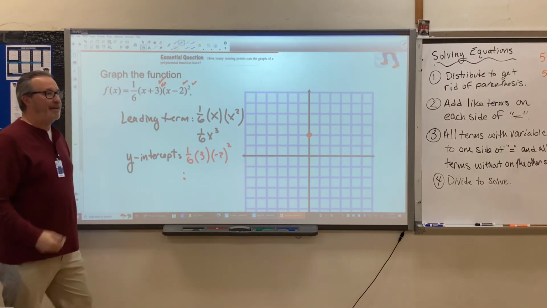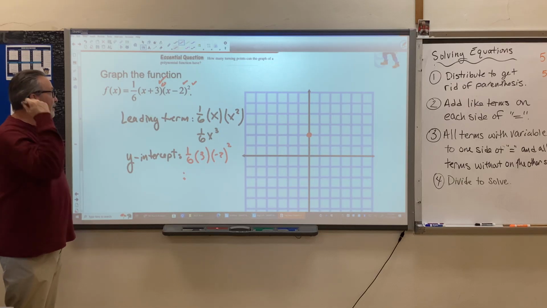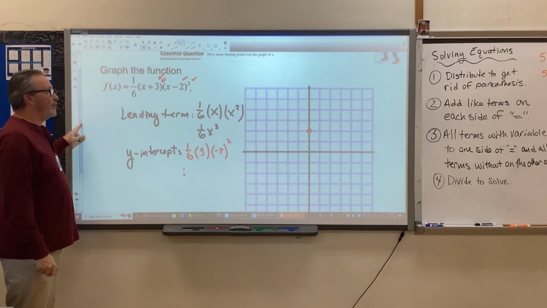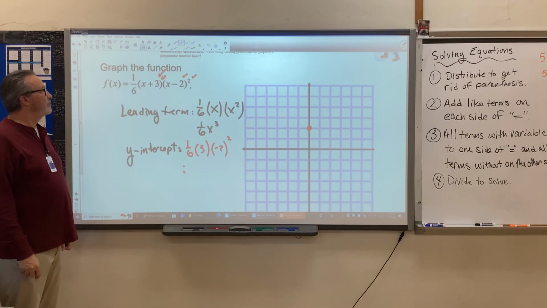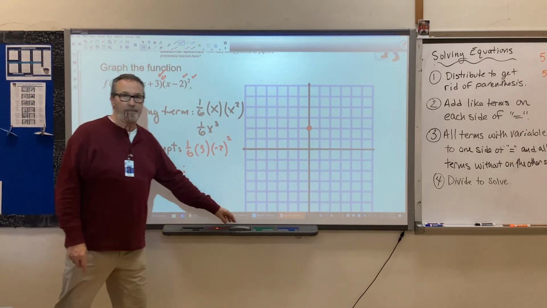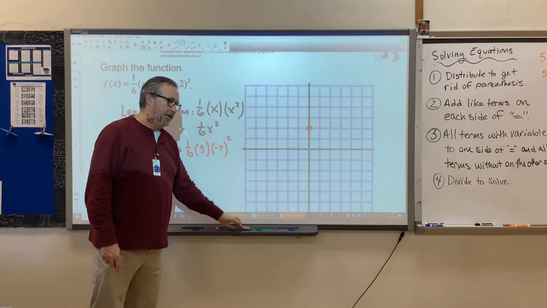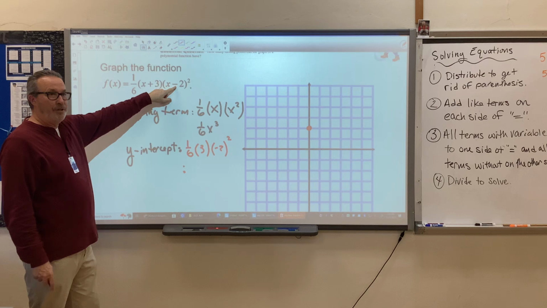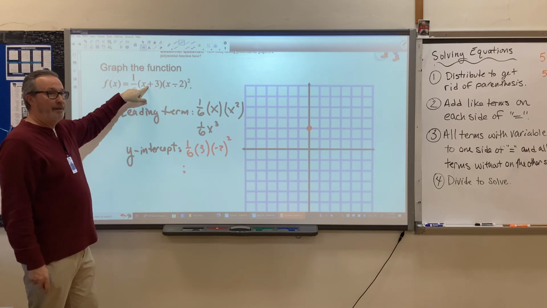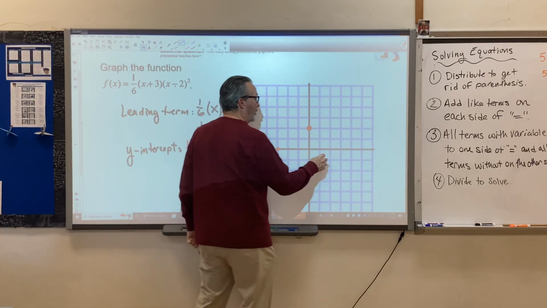So when you graph it now, we're going to be concerned about the y-intercept as well. So where does it touch the y-axis? 2, and positive 2 and -3. -3 and positive 2.